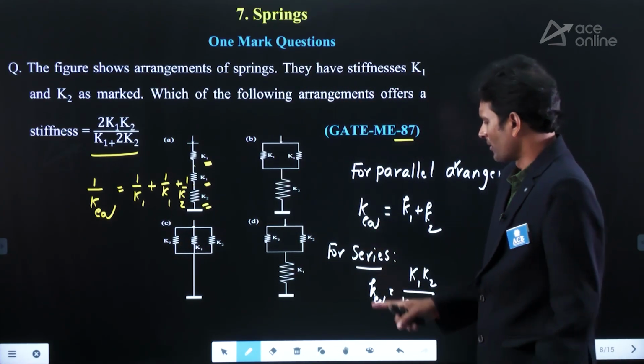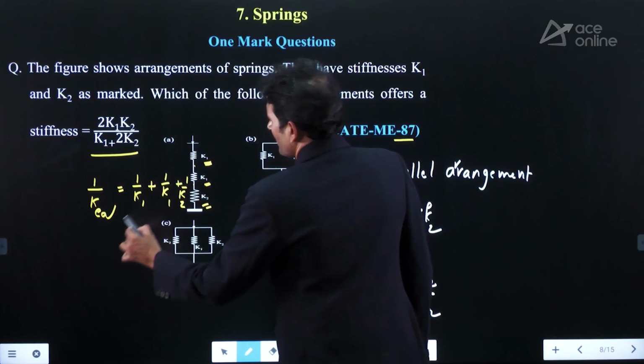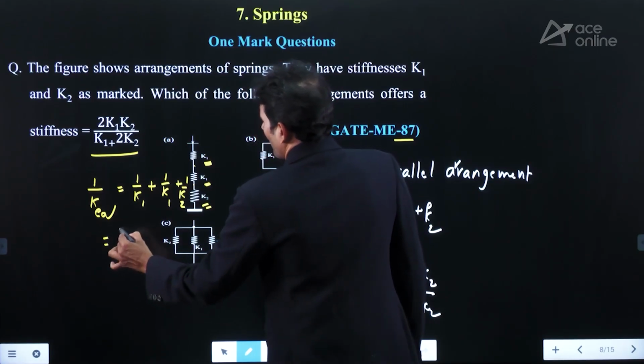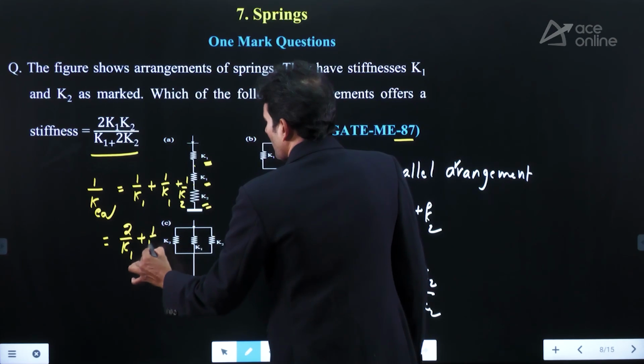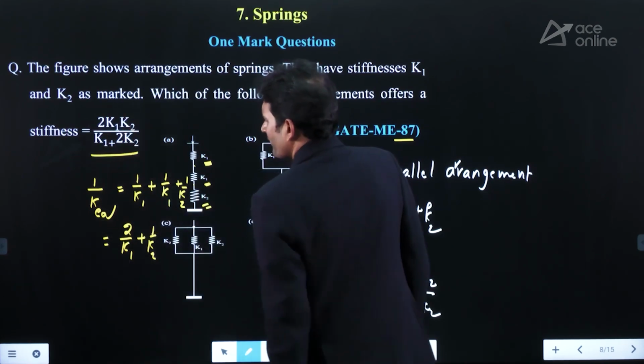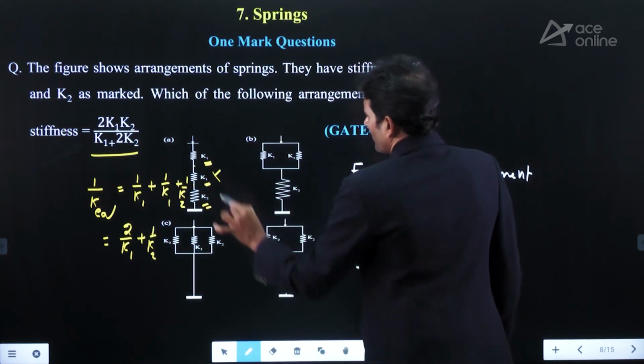If I simplify this one, clearly we are having 2 by K1 plus 1 by K2. It is not matching with this one. So option 1 you can eliminate.